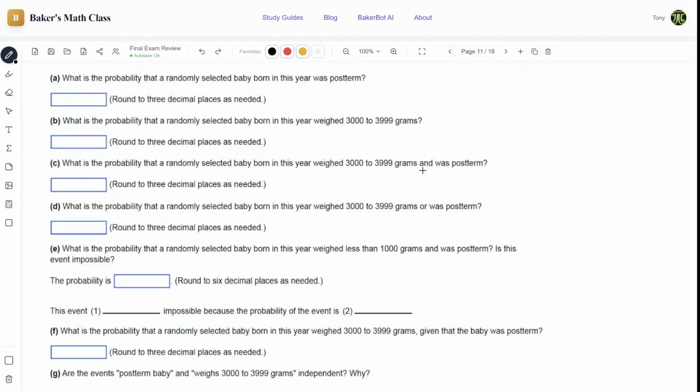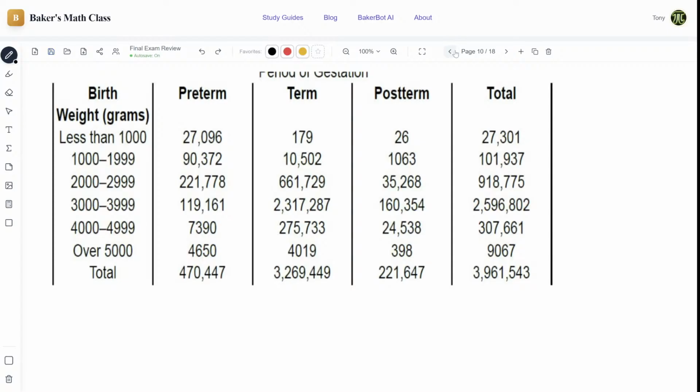So this one has that word "and" in it. So in that case, we're just looking at that number right there. That number is the 3,000 to 3,999 and post-term. We would then divide that by the total.